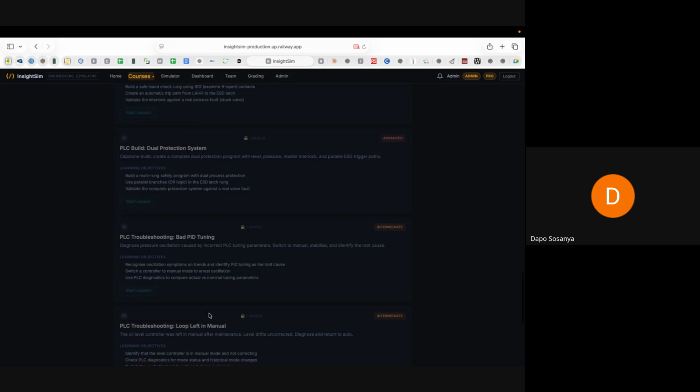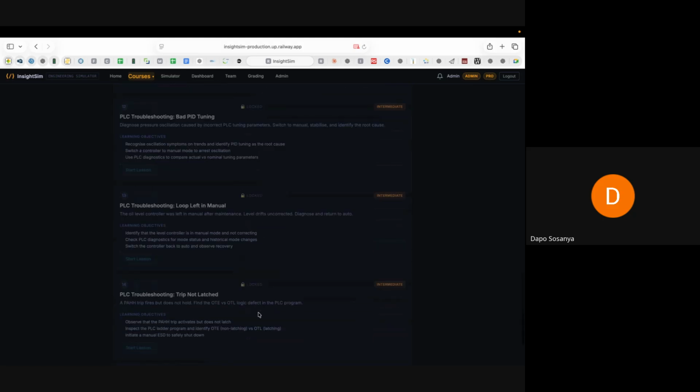So this is a case study that shows all this theory implemented. If your loop was left in manual, right, the oil level controller was left in manual after maintenance, level drifts uncorrected, diagnose and return to auto, right? It's an activity that will task your brain.